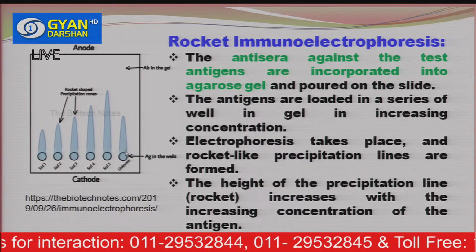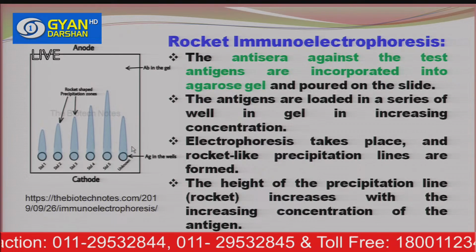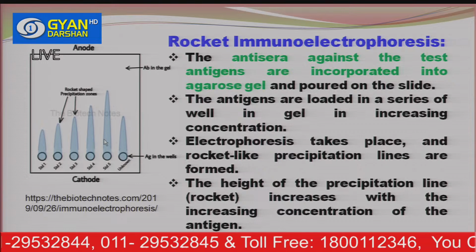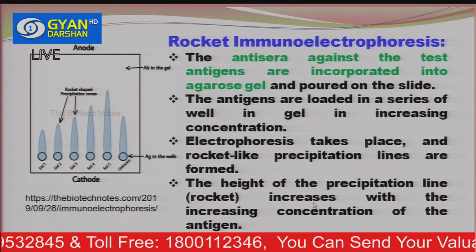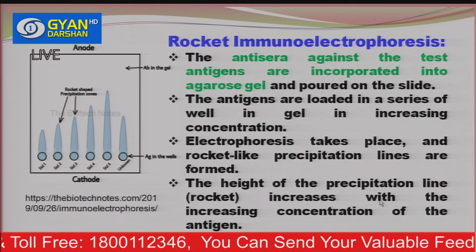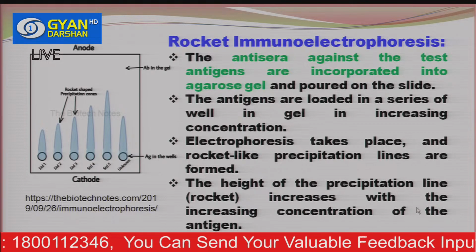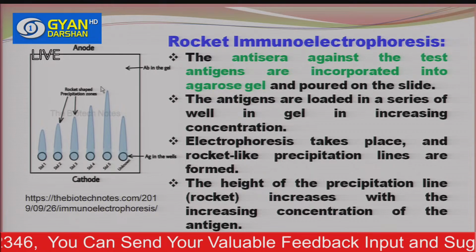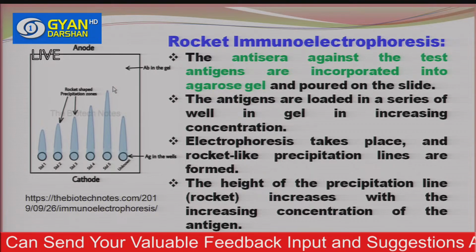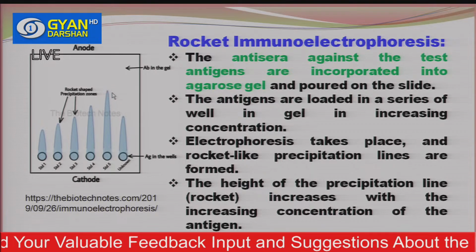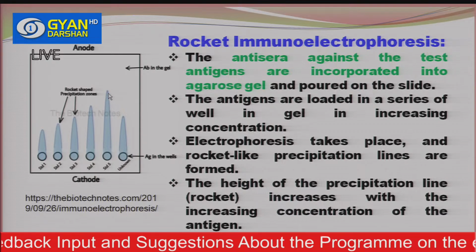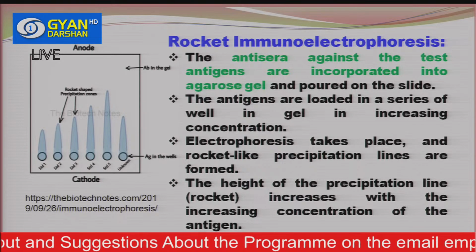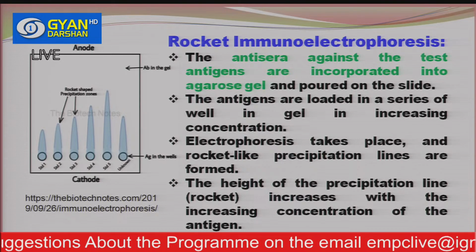You can see it is rocket-like, and the height of the precipitation line increases with increasing concentration of the antigen. So if you compare the lines here, you can see the concentration of the antigen is too high. So we can utilize it for analysis of the concentration of antigens.